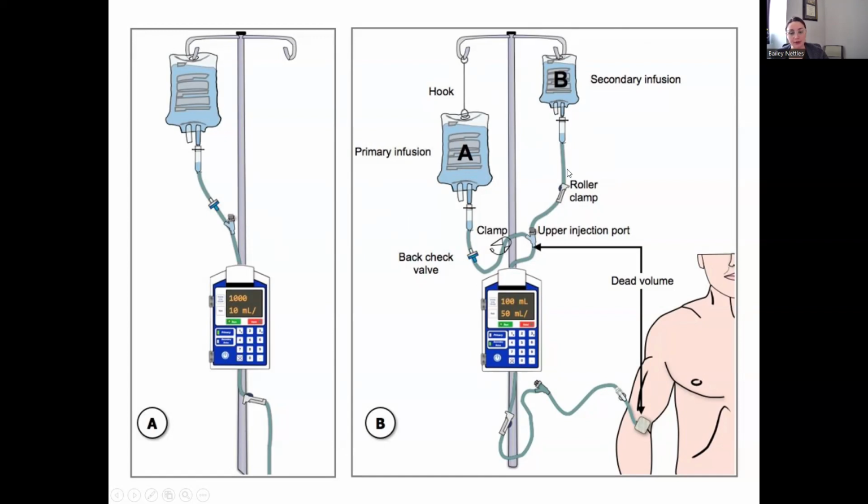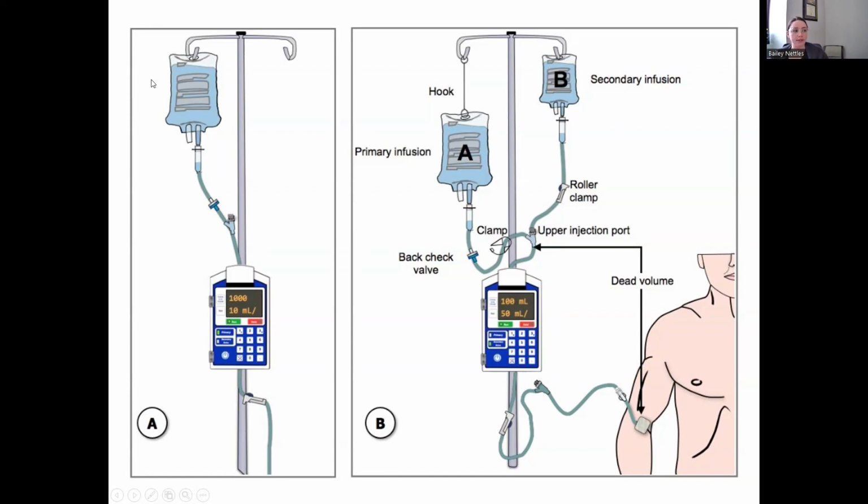The biggest problem is that you have to make sure these are compatible. If A and B are not compatible, if my push isn't compatible with what's going, I can't do it. Let's say I have to give someone 2 antibiotics. This vancomycin is going to take 3 hours to be given, and I need a 30-minute Ancef. They can't be hung together.